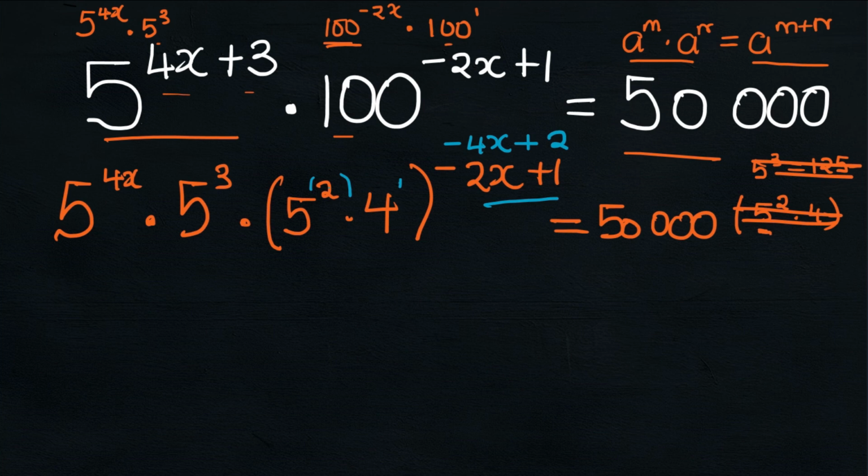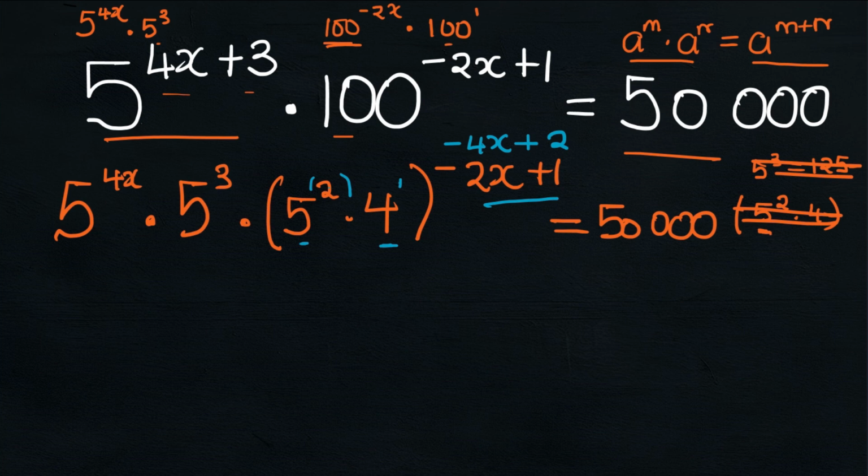And then 4 to the power of minus 2x plus 1 is just going to remain as is, and the exponent of 5 is just going to be, instead of 2, minus 4x plus 2.